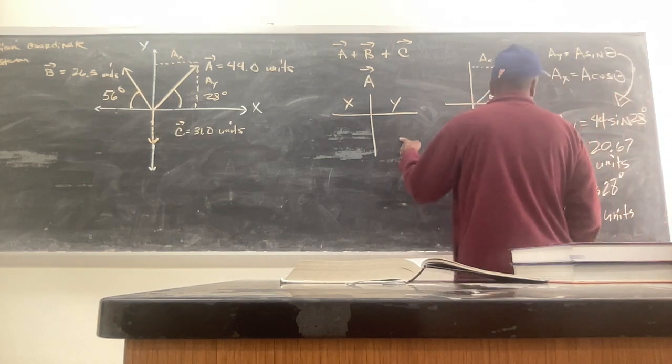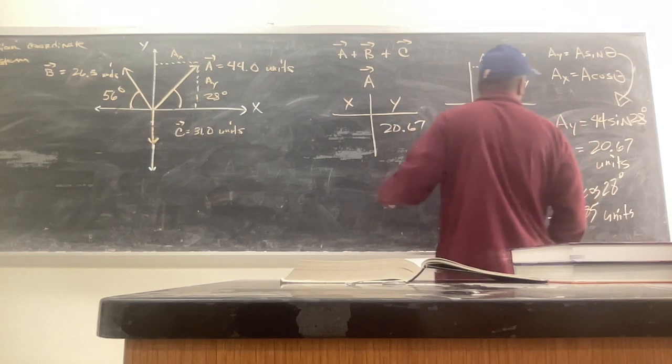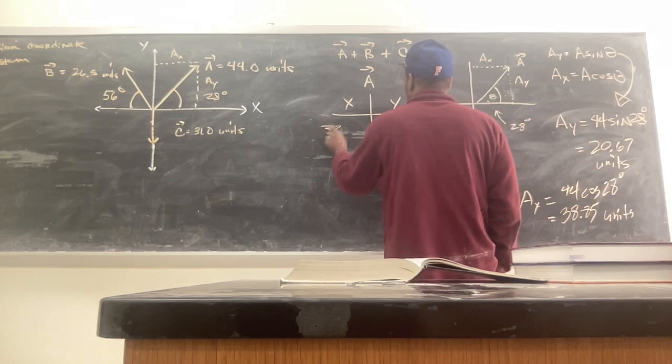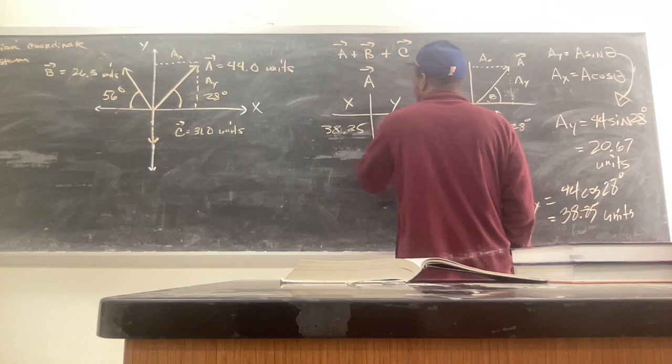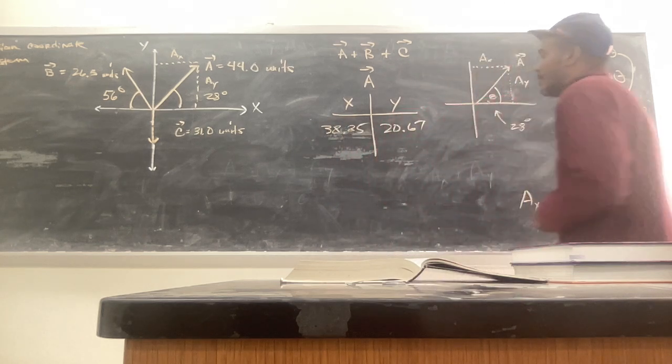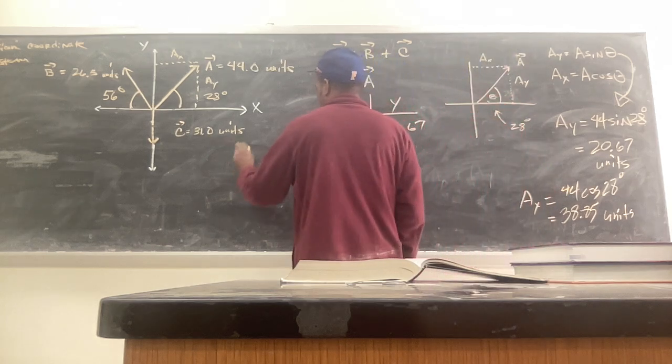So I have 20.67 and 38.85. Right? So now we look at vector B.